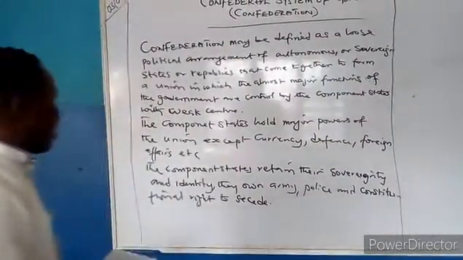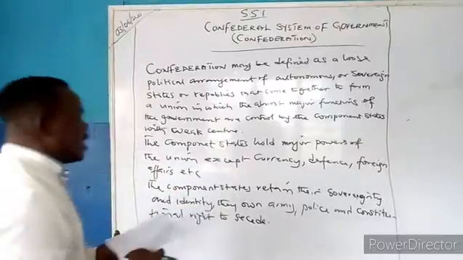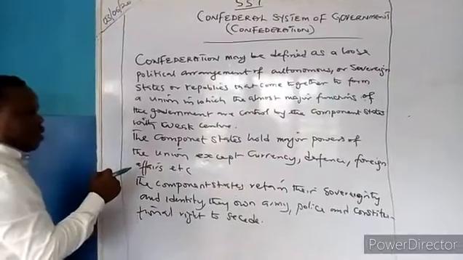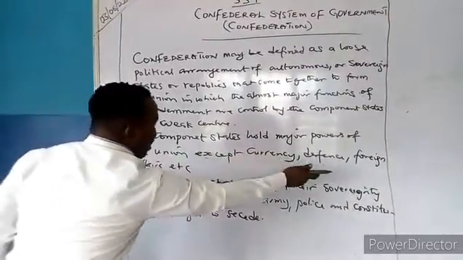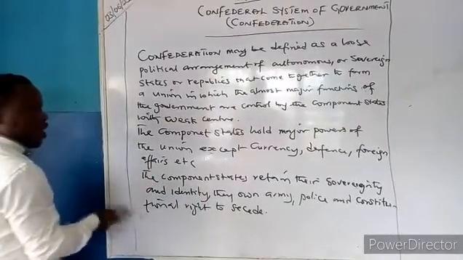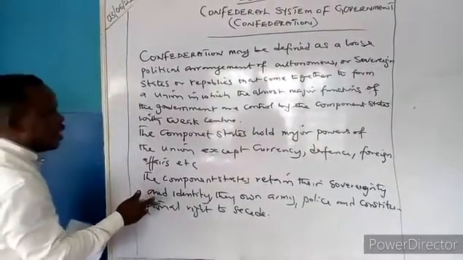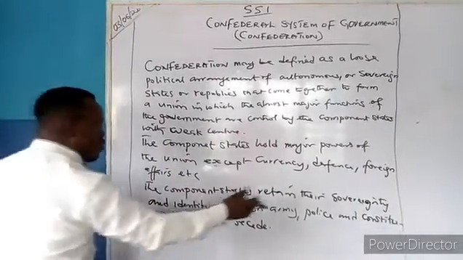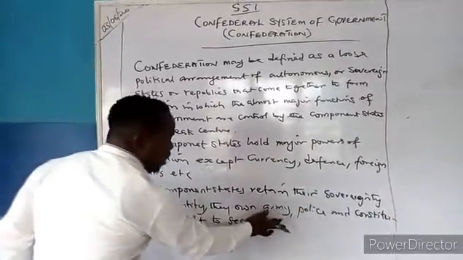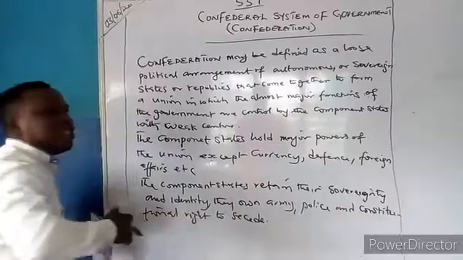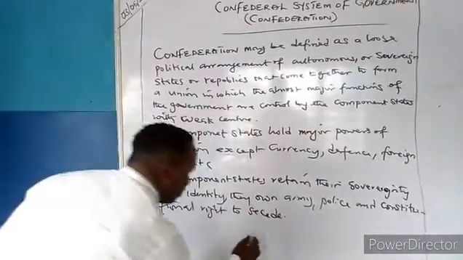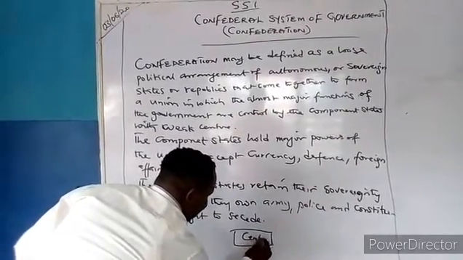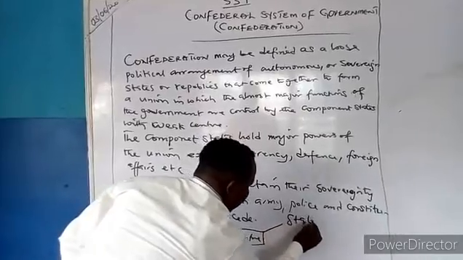Like I said in that diagram, you could see that the states in that union have major power apart from currency, defense, and foreign affairs, which the central or the national government holds. Now, the component states retain their sovereignty and identity. They own army, police, and the constitutional right to secede, to break out. Weak central, strong states.